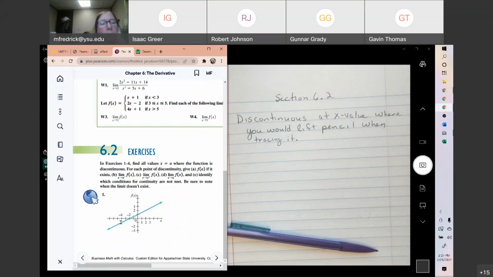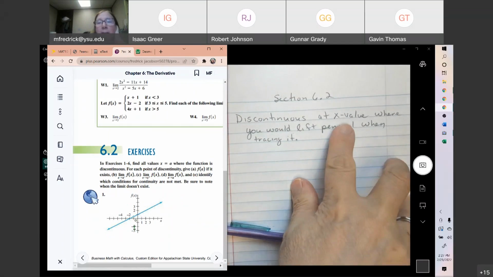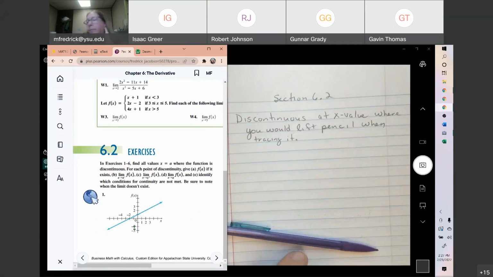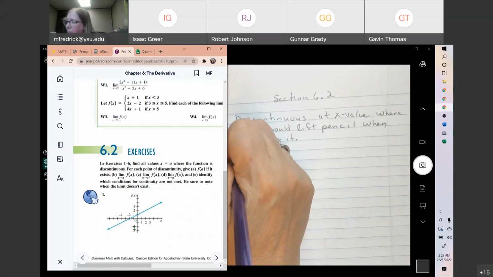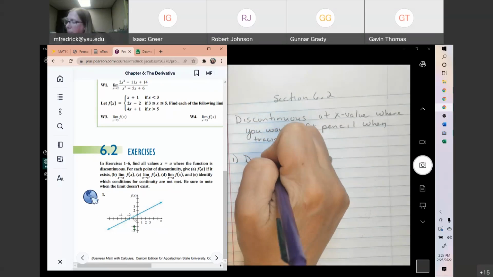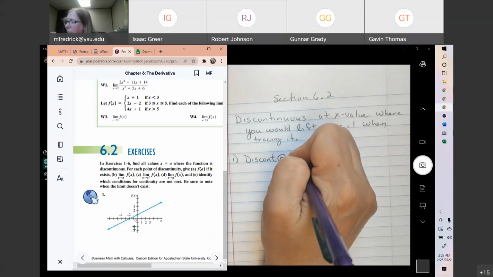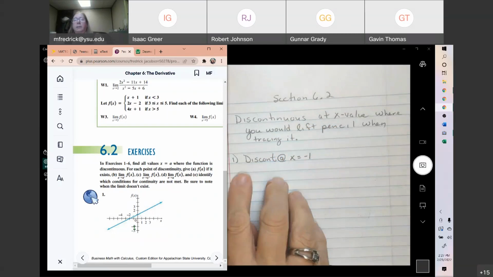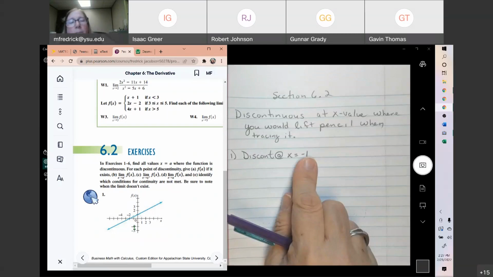So if we look at number 1, as I'm tracing it, notice that open circle. That's where it's discontinuous. It's discontinuous at x equals -1. You want to make sure it's the x value that you're stating. So it's discontinuous at -1.